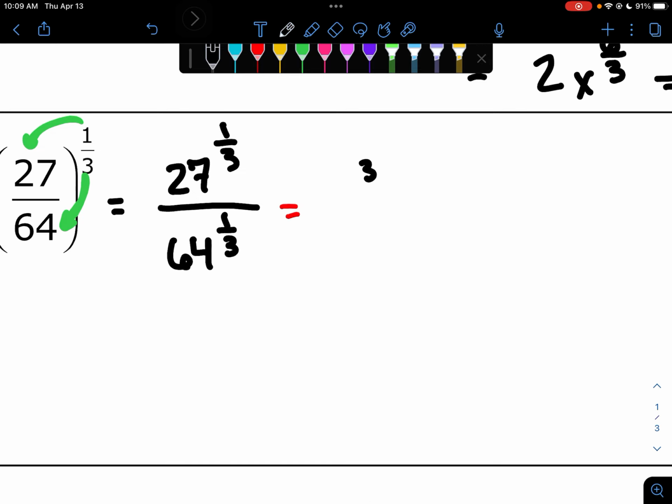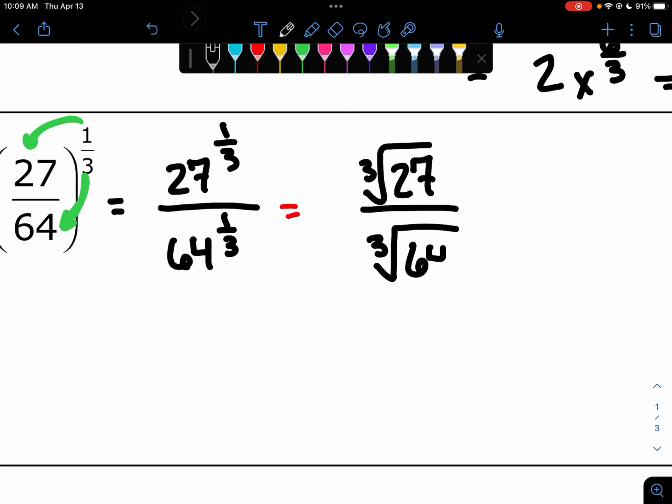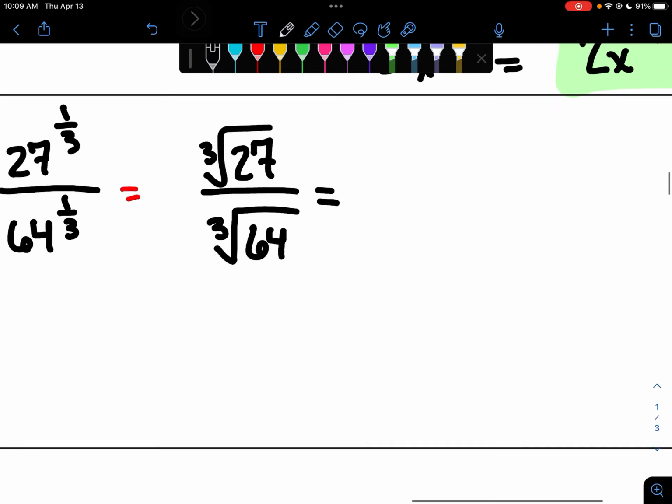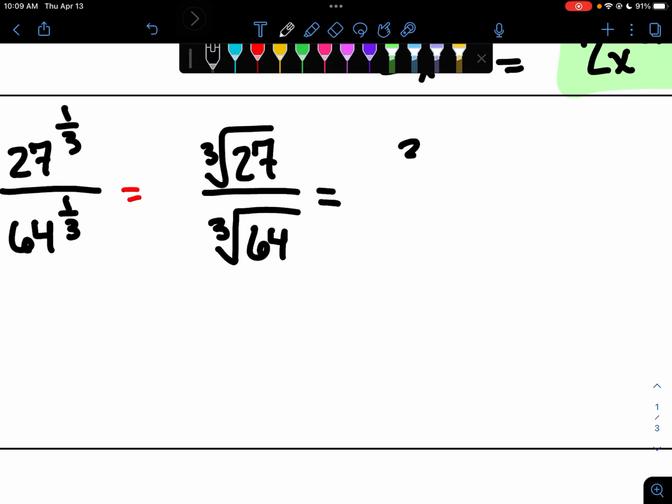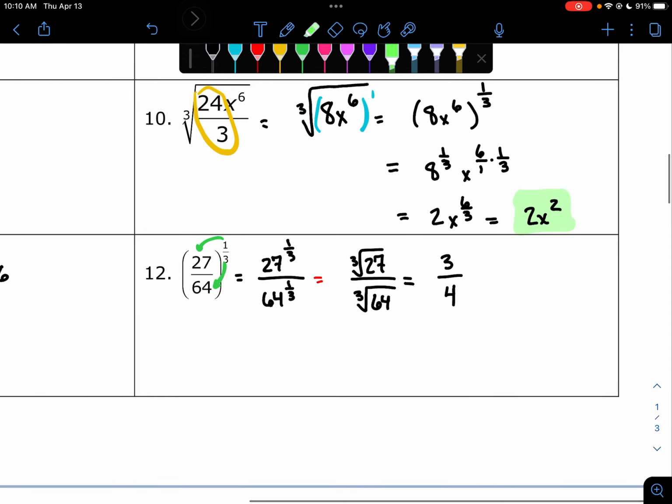So this is the cube root of 27 over the cube root of 64. Again, it's to the first power, but do you need that? No. The cube root of 27 is 3, and the cube root of 64 is 4. Lastly, my answer is 3/4, and I can't reduce that, so my job is done.